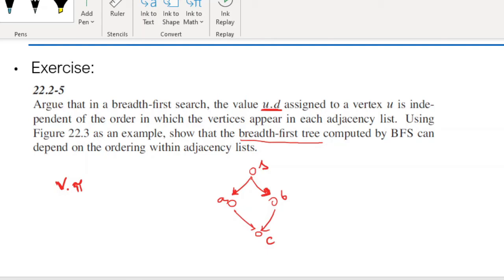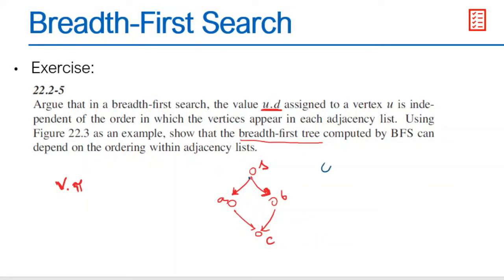In an adjacency list where A appears before B, the queue starts with S, so let's examine S. Then what are the adjacent vertices? A and B, so S is the predecessor of A and B. Now we dequeue A.